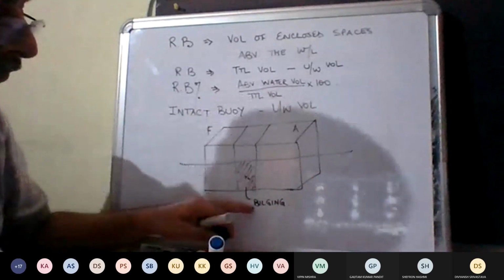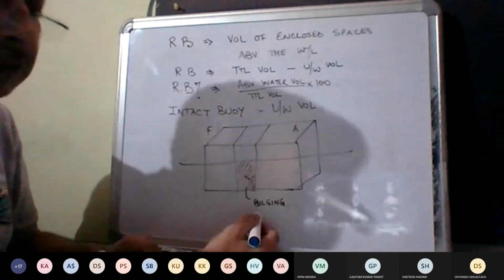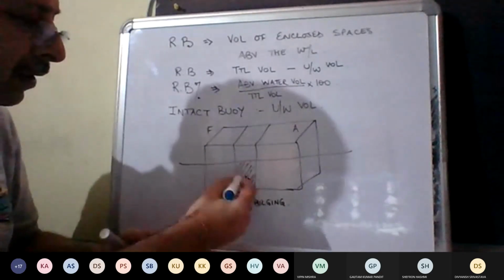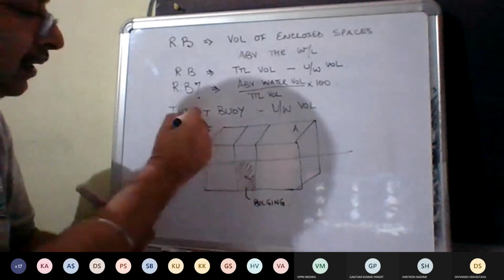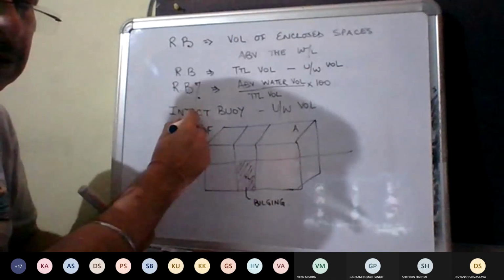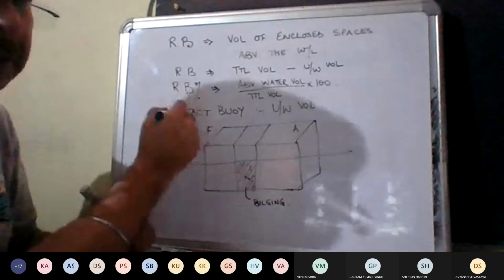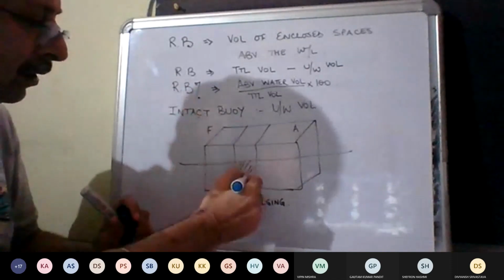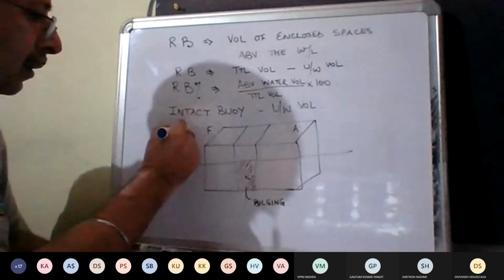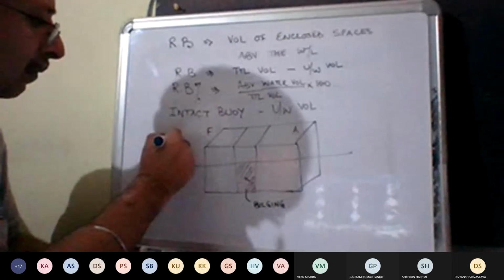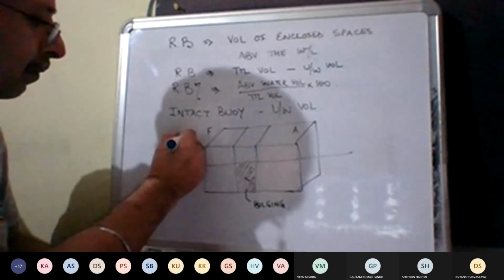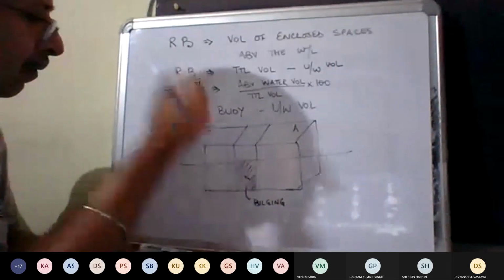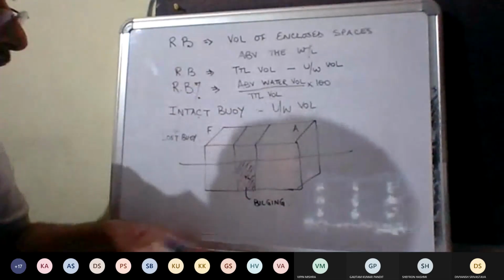And if bilging happens, then my intact buoyancy is no longer intact, but it becomes lost buoyancy. Buoyancy is lost.